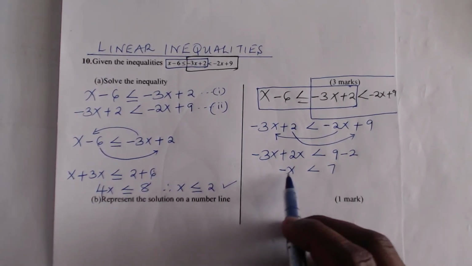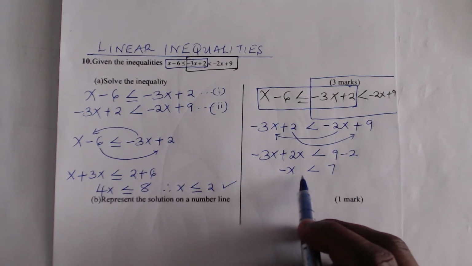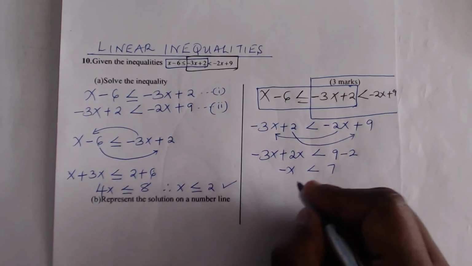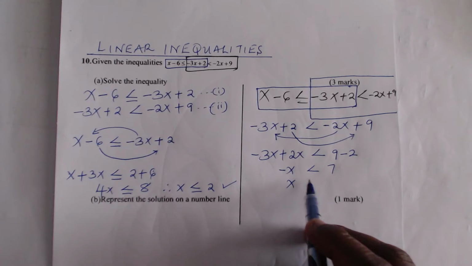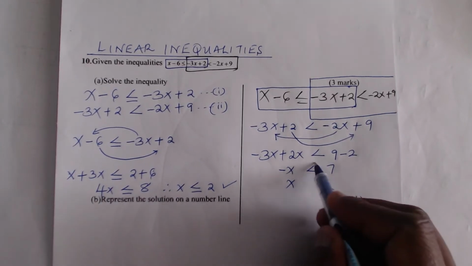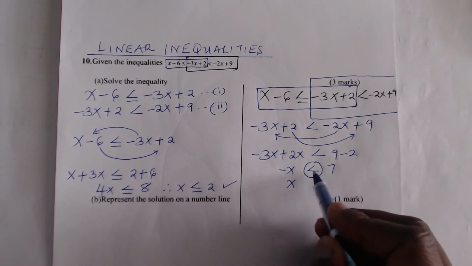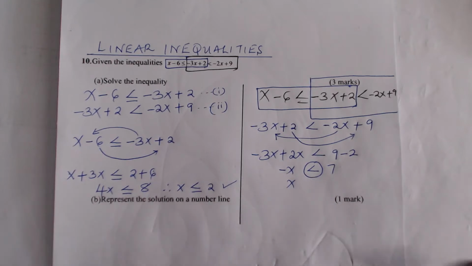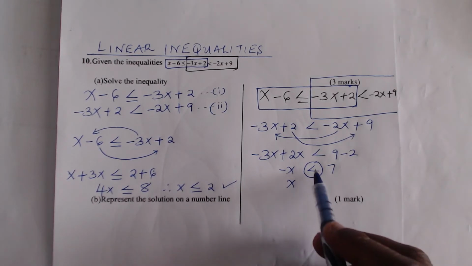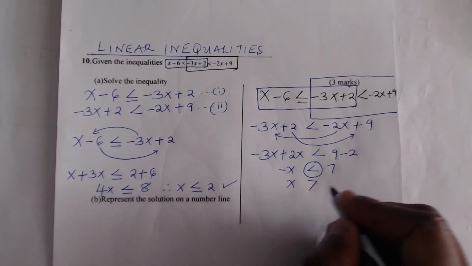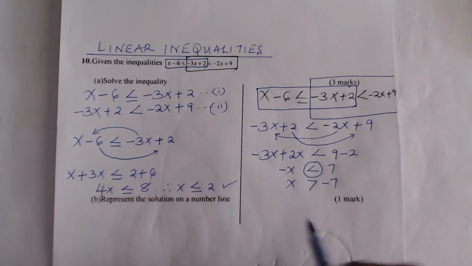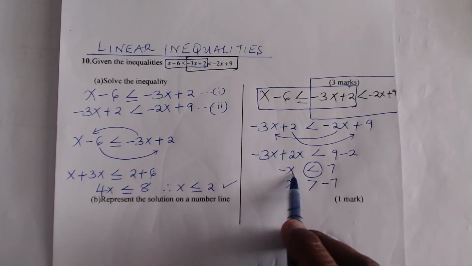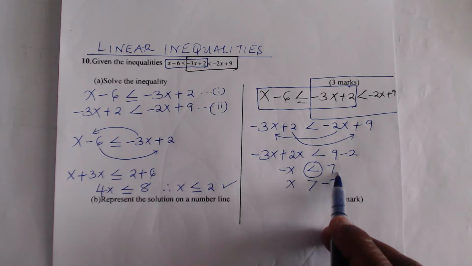So you want to get x, divide both sides by negative 1. When you divide both sides by a negative, the sign will change. This one is less than, so it will be greater than -7.